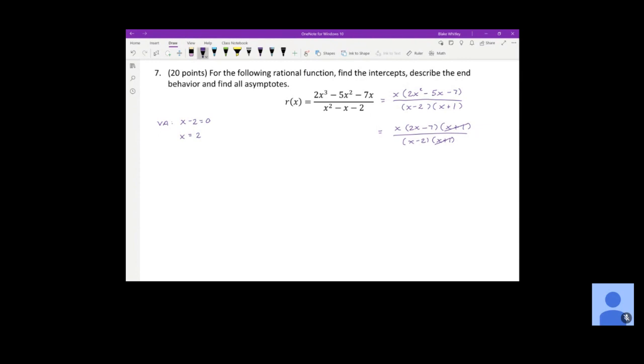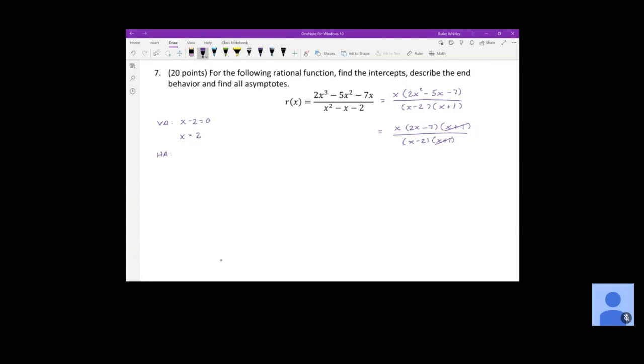Now, what about horizontal? Okay, good. So we look at the degree in the numerator and denominator first, right?